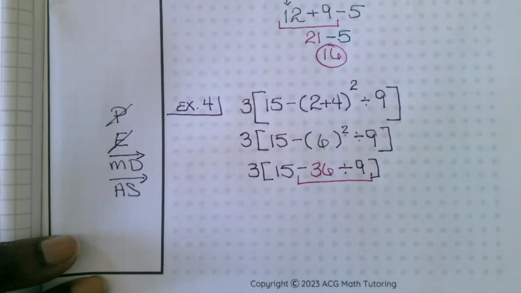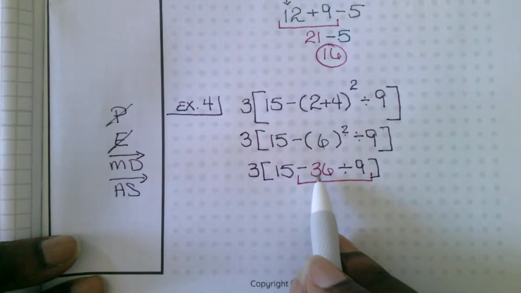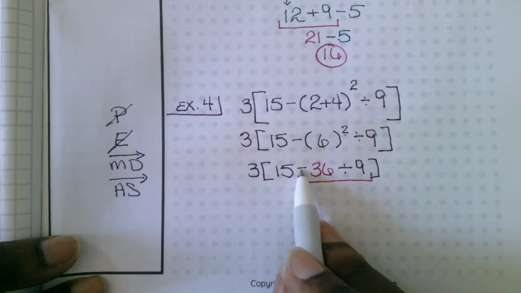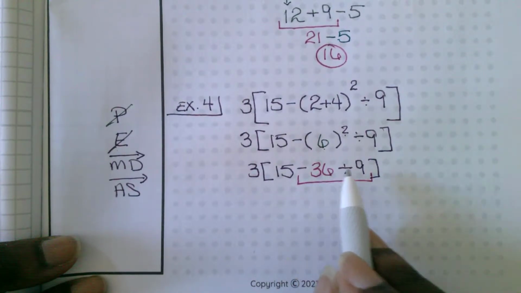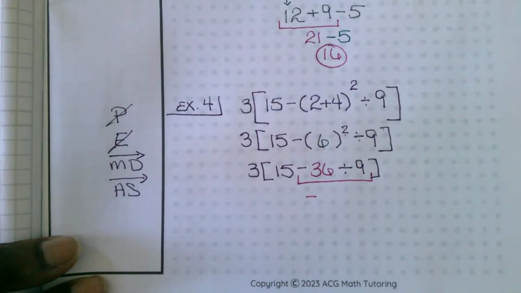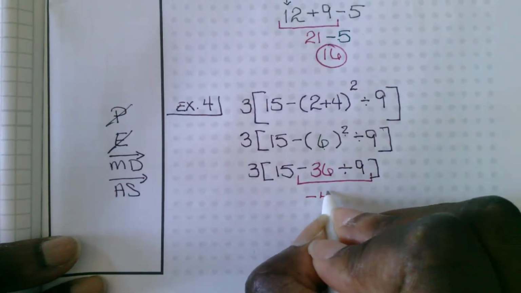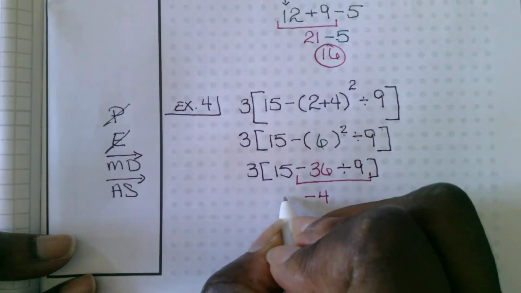Notice how I said that. It's not a minus 36. Now that I'm combining it with another number, this minus sign is acting as a negative for the 36. So a negative divided by a positive will give me a negative. And then 36 divided by 9 would give me 4. So everything else is coming on down.